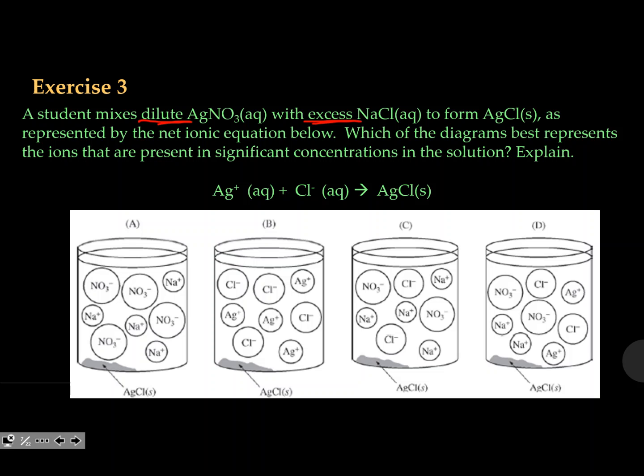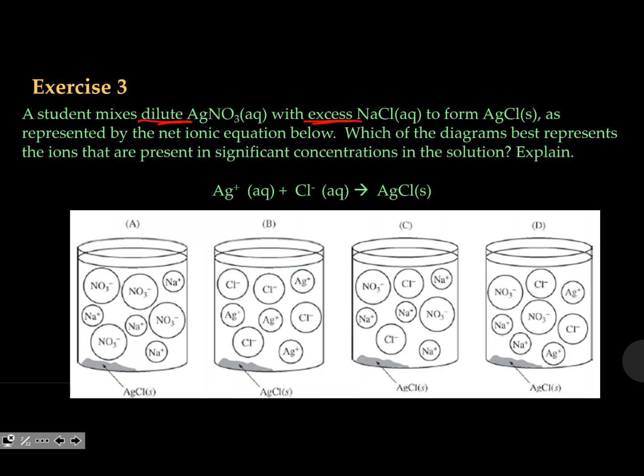That means the nitrate and the sodium are spectators, so the concentrations of the sodium and the nitrate aren't going to change because they don't react. Whatever they were originally is what they're going to be at the end as well. However, the silver and the chloride are going to combine and form precipitate, fall to the bottom, based off of solubility rules, although it tells you that's what precipitates here too.